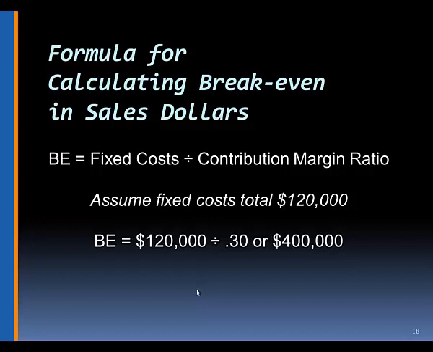Now, if we have the sales price available and we have the break-even in units as we calculated on the previous slide, you can multiply 200,000 by $2 and you'll also come up with the 400,000. So you can arrive at sales dollar break-even in two different ways.